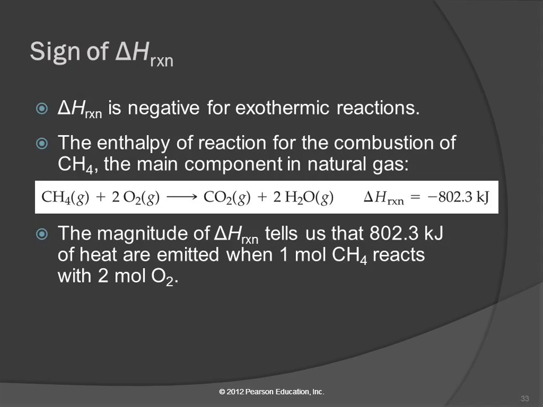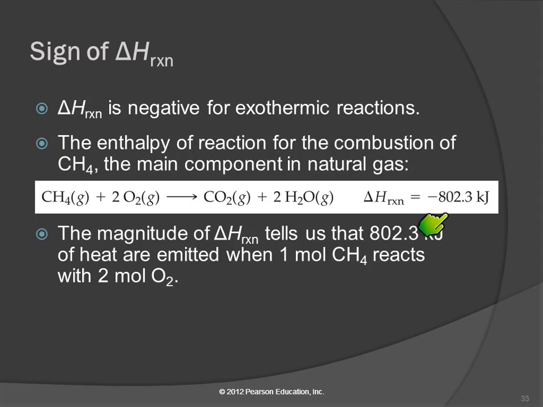Heat was being given off because it's all from the perspective of the system. The chemicals that we're examining here, the methane, the oxygen, the carbon dioxide, the water, those combusting there, they're giving off energy. That's a negative experience for them. The magnitude of that, the 802.3, tells us how much heat is emitted when 1 mole of methane reacts with 2 moles of oxygen.